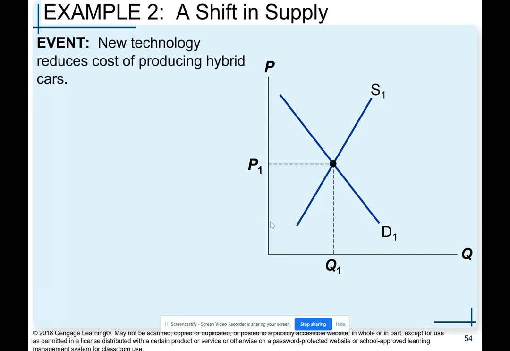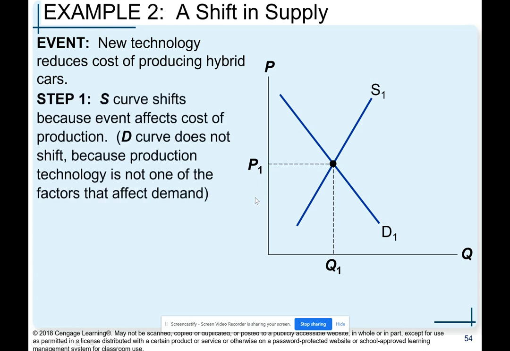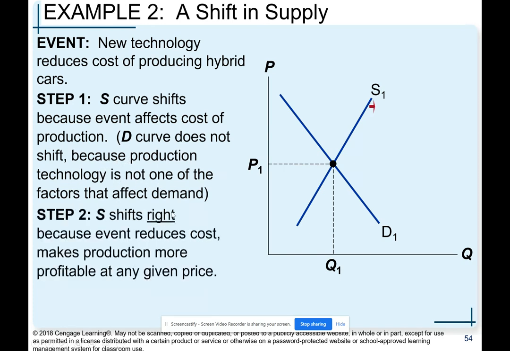Let's look at a shift in supply. An event: technology reduces the cost of producing hybrid cars. Step one, the supply curve shifts because the event affects the cost of producing. The demand curve does not shift because production technology is not one of the factors that affect the demand curve.